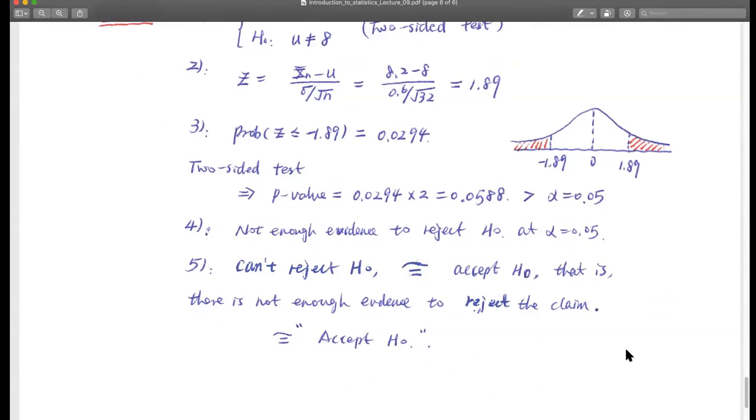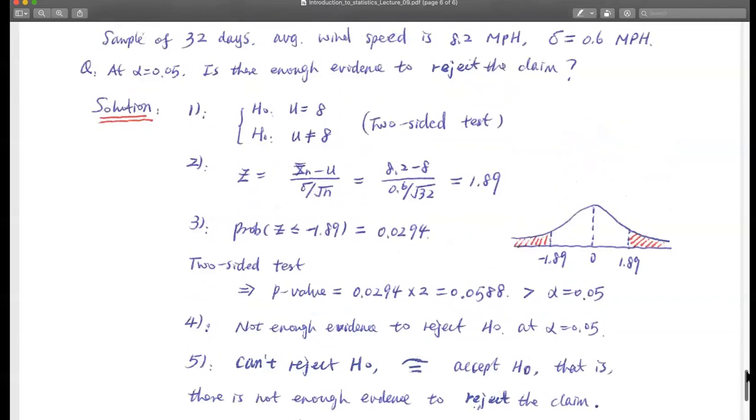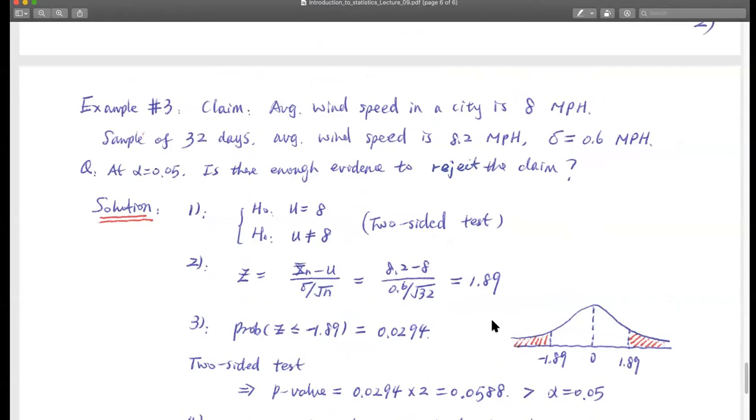All right. Let me answer some questions I got. Someone was asking why do we have to multiply by 2 here. You see that we have the 1.89. We draw this bell-shaped curve and put that 1.89 here.